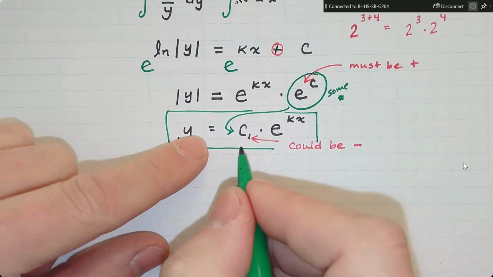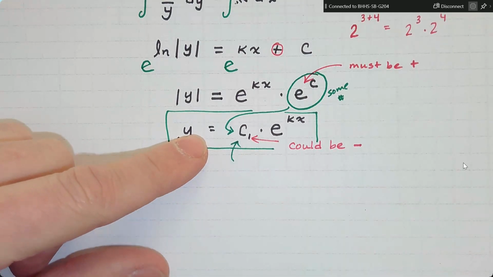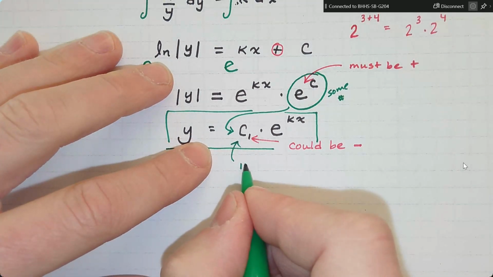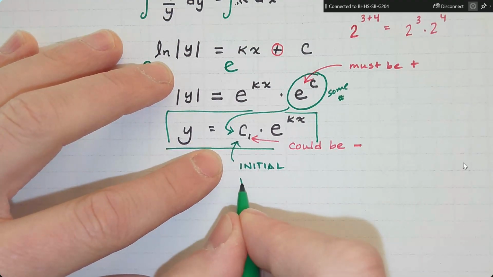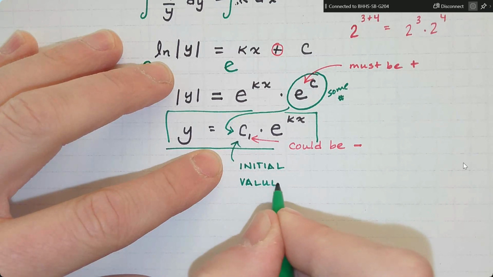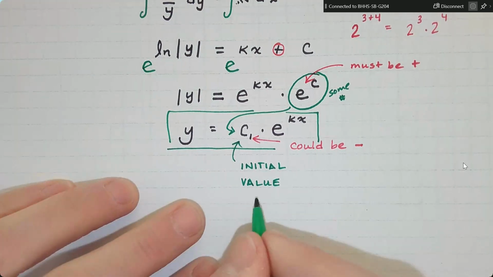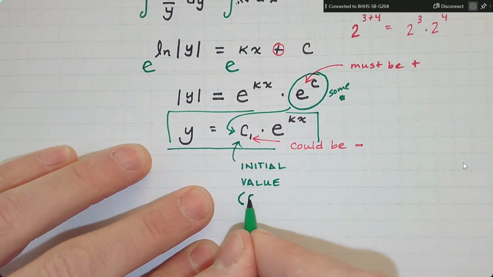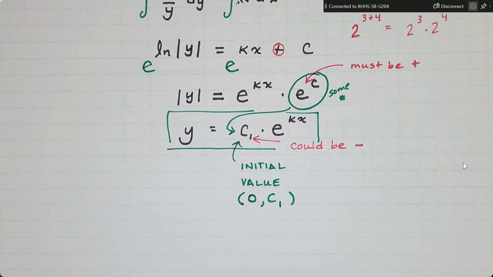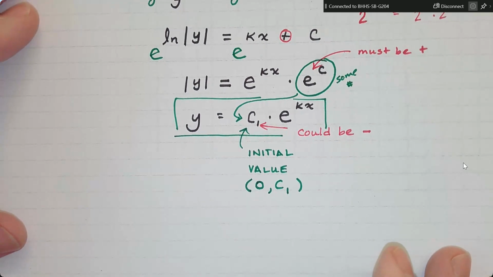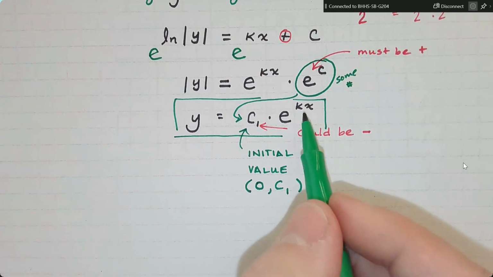A couple things about it. c1 right here has a name. This is called the initial value, because the curve has to pass through that point: when you plug 0 in, you get c1. The other thing is that k value.